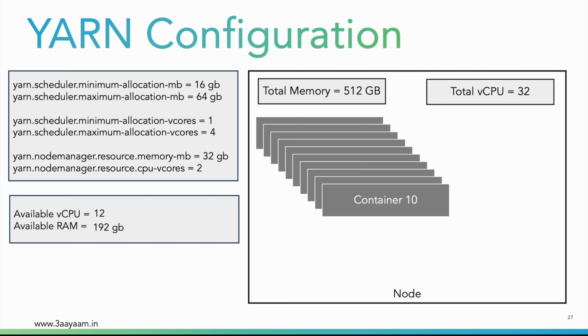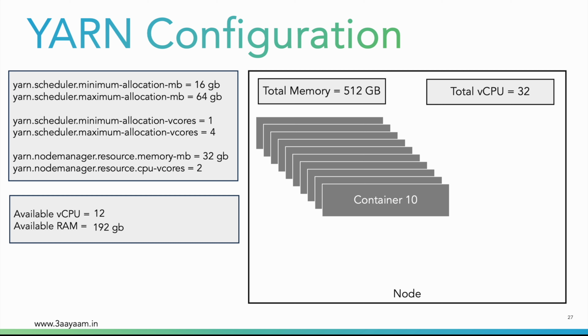The allocation is handled by the resource manager, because the resource manager would see where the available CPU and RAM are, which node manager can handle it, and then the resource manager would communicate to the node manager saying that I need so much CPU and so much RAM for each container, and I need to launch so many containers. And this allocation request would come from the application master.